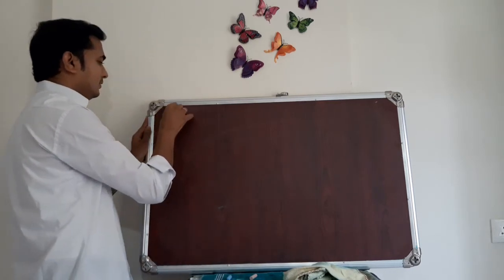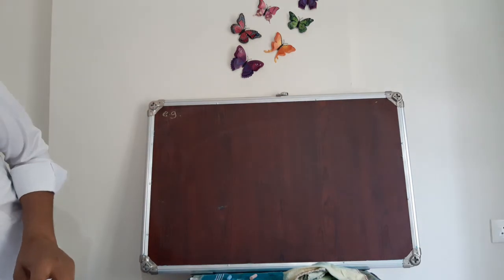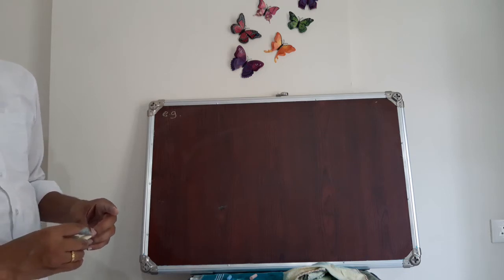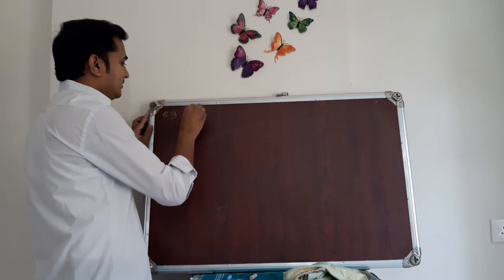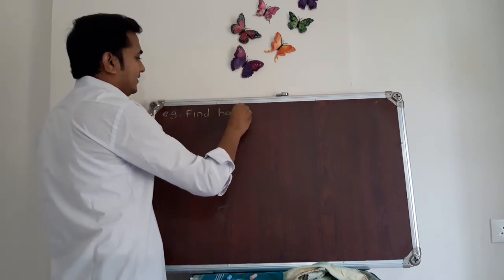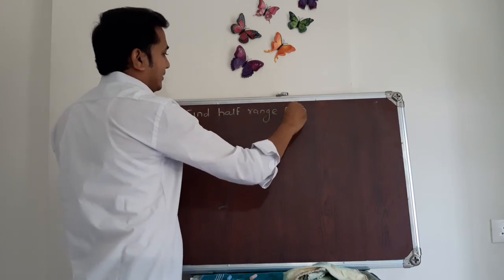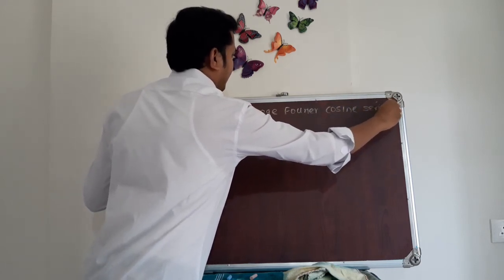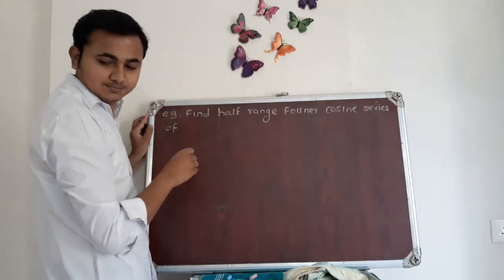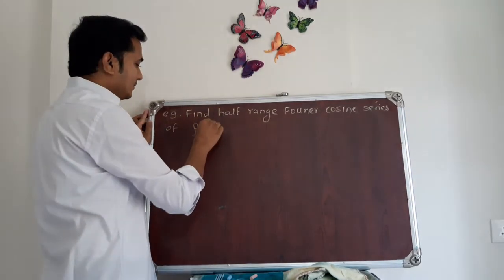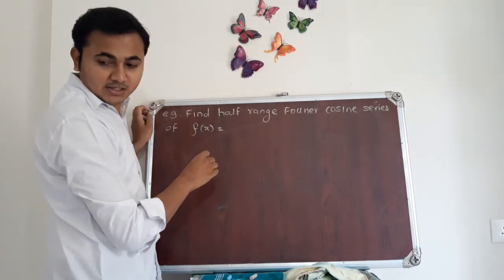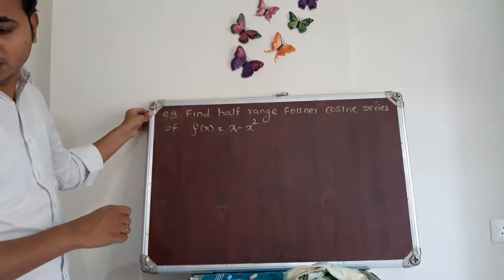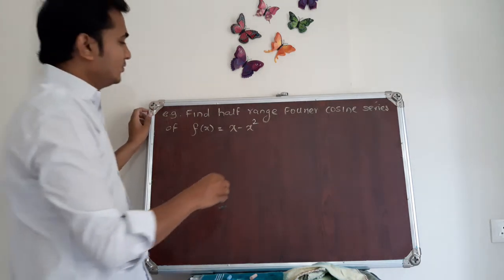Example: find the half range Fourier cosine series of f of x is equal to x minus x square for the interval 0 to 1.